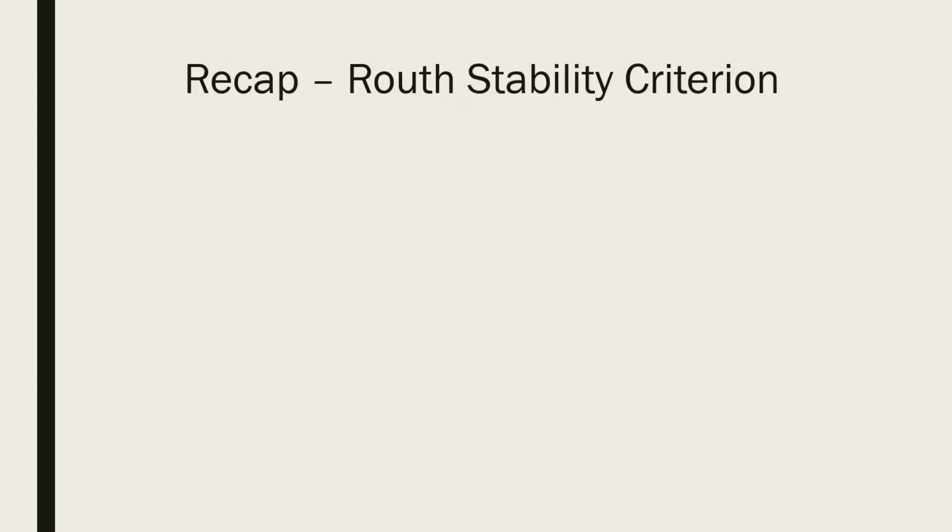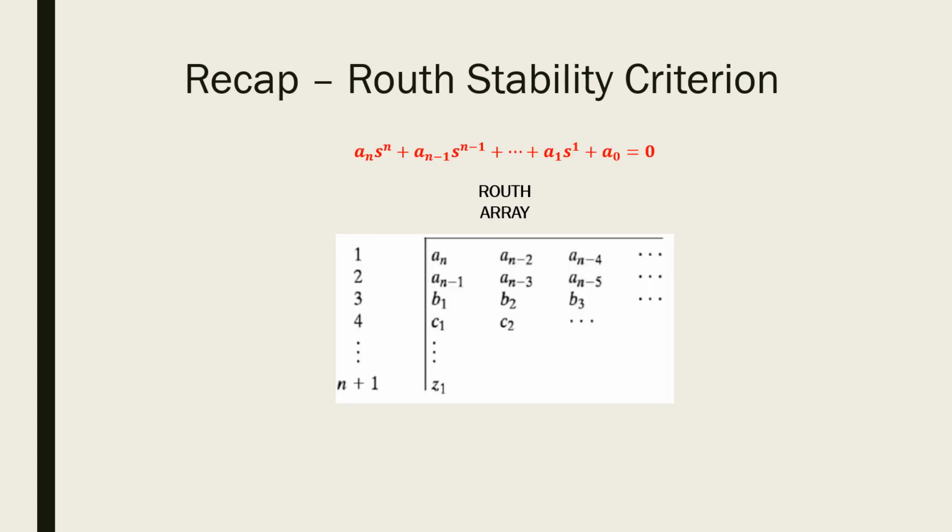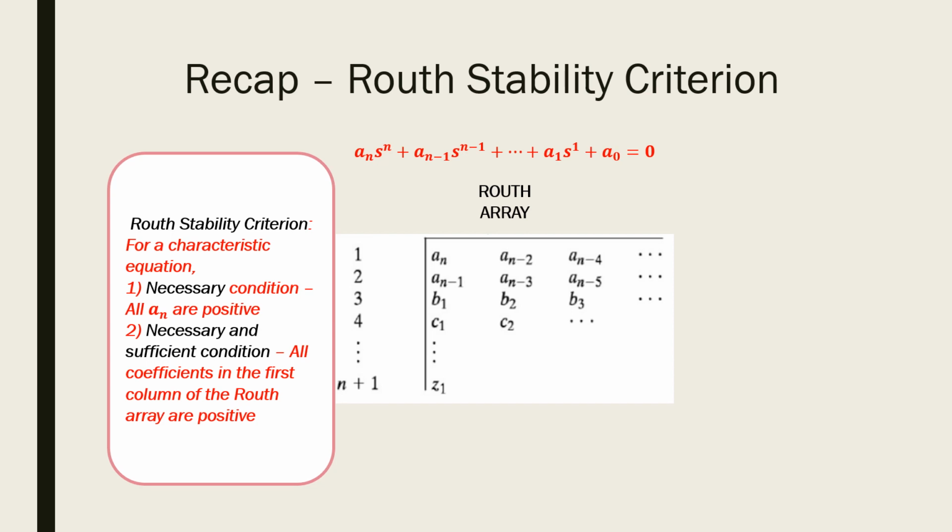Let us go over a quick recap of the root stability criterion. For any characteristic equation of order n, represented by the equation in red, the root table or array can be written as follows. Then, for such an equation, the necessary condition for stability is that all a_n coefficients are positive.